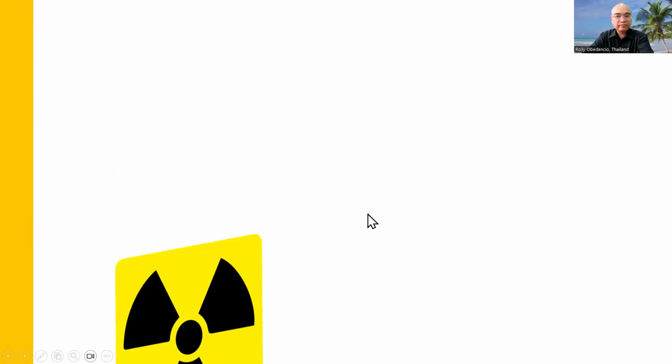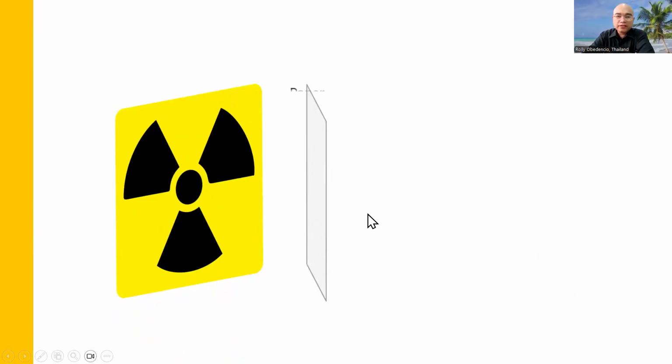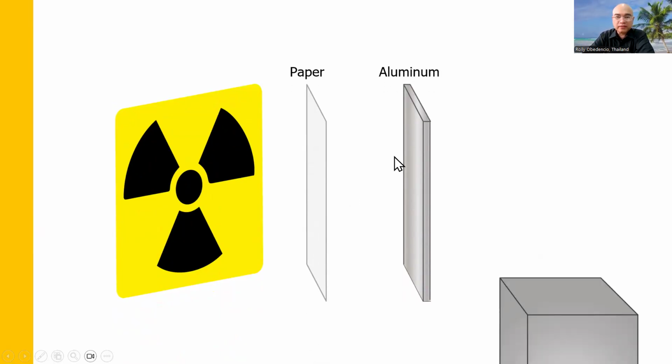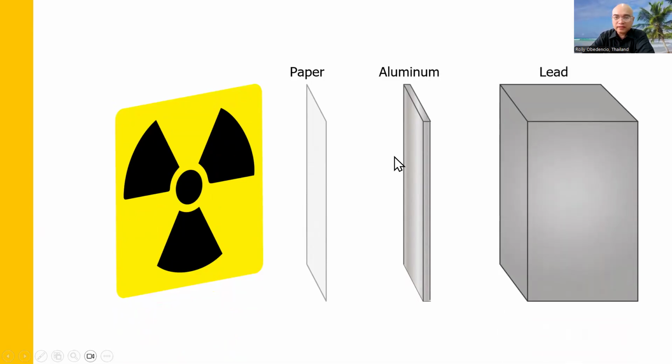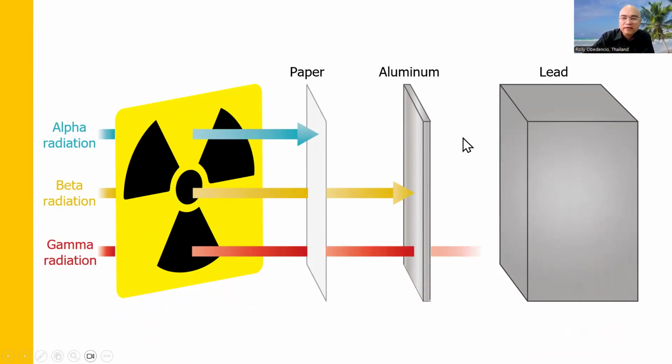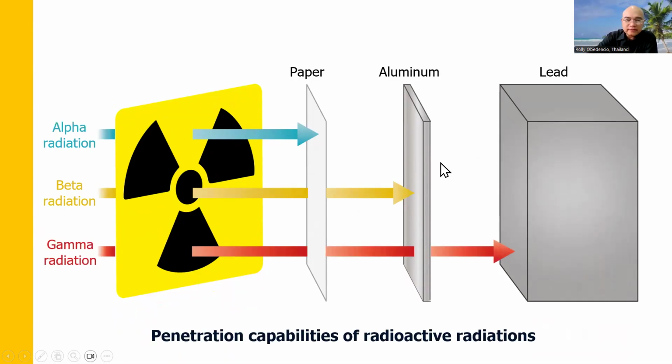Now, you see here, this is paper and this is aluminum, and we have this lead. All right. So the alpha radiation passes only through paper. But beta radiation can pass through paper to the aluminum.